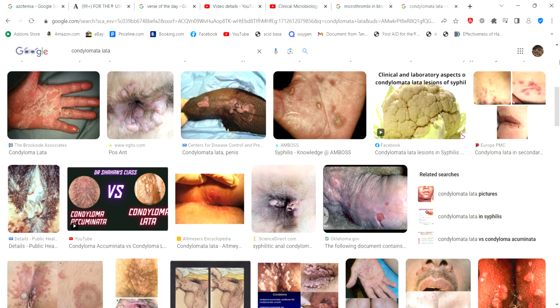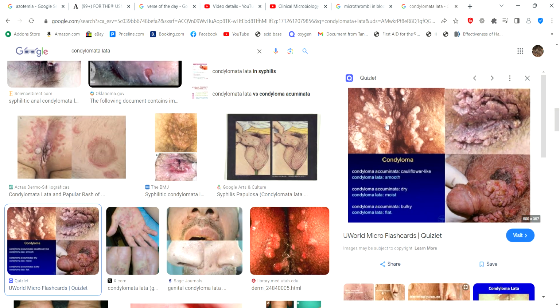So the second stage of syphilis looks like cauliflower right here on the genitals. Cauliflower-like projections coming from the vagina, anus, penis, everywhere.